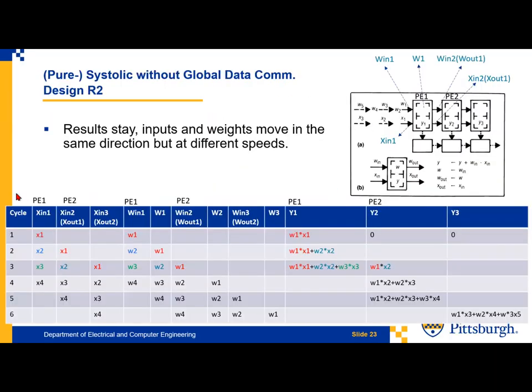Also, here is a table to dump the content of each cycle and the content changes. At the third cycle, we could get the first element of the convolution result on PE1.